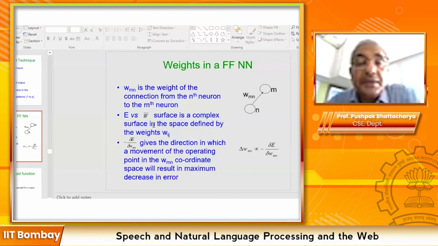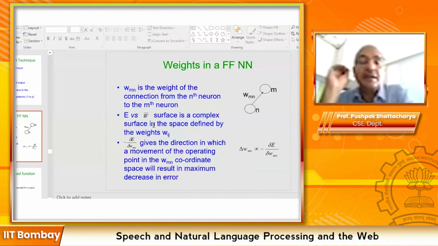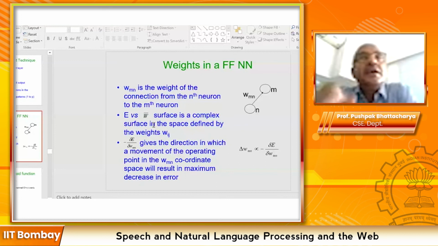Now, if we take a multi-dimensional surface where each dimension is one of the weight values, and E is the error resulting from a pattern, then for different values of the weights, you will get different E values.